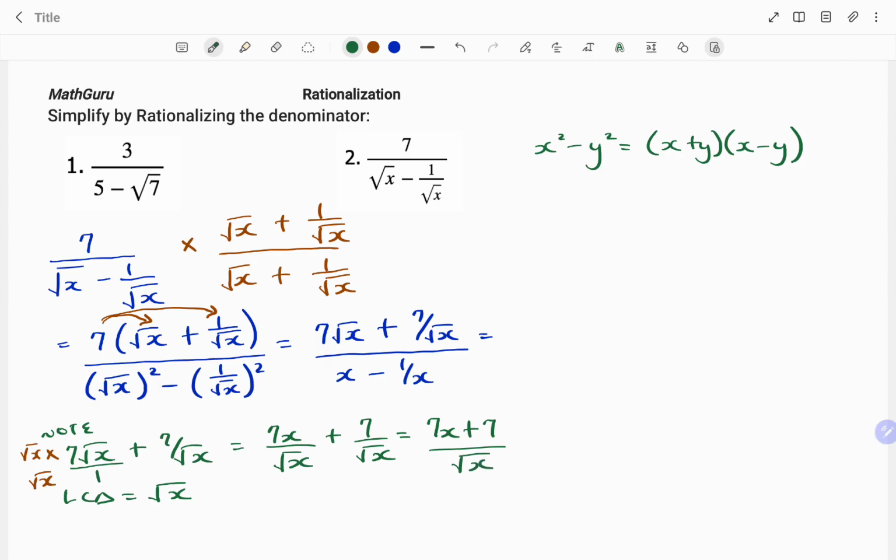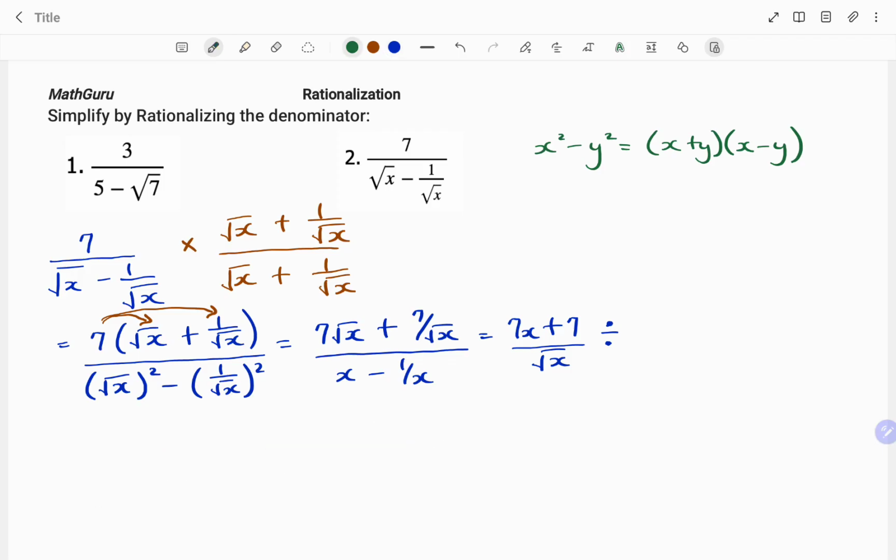So if I replace that in my previous calculation, for my numerator, I now have 7x plus 7 divided by root x. Then I have all that divided by my denominator, which I'm going to work out. For my denominator, that says x minus 1 over x.